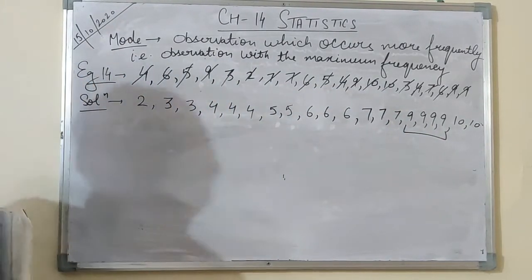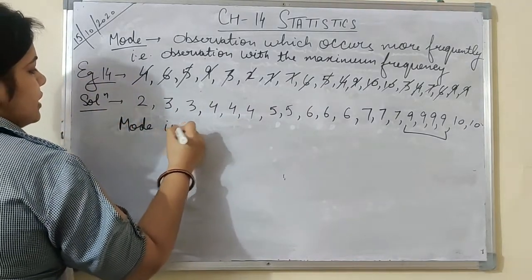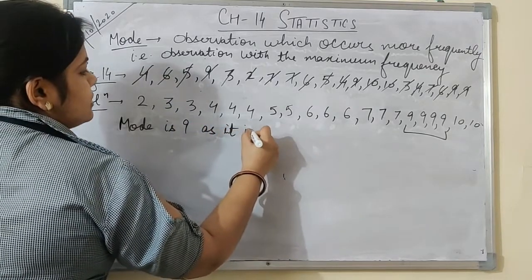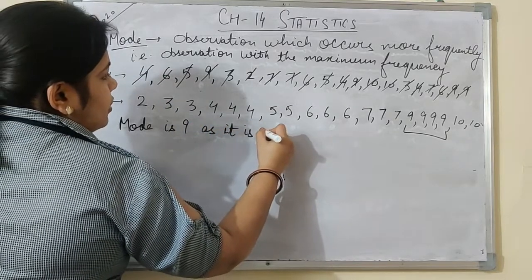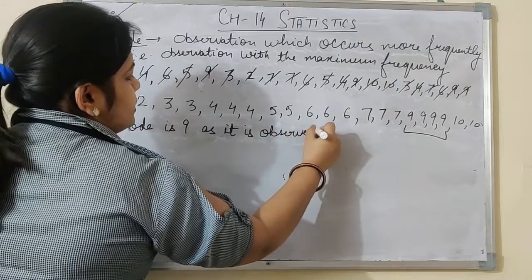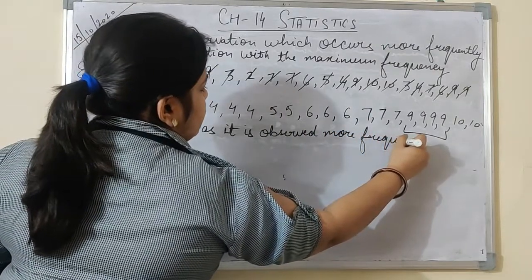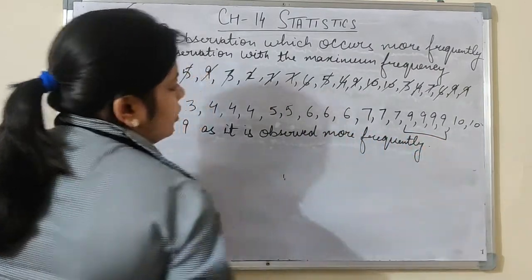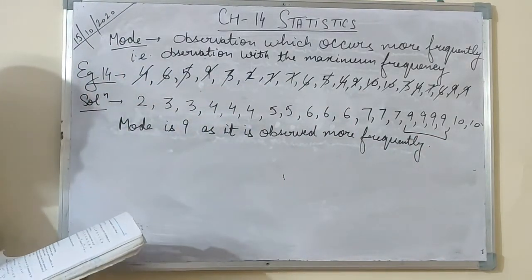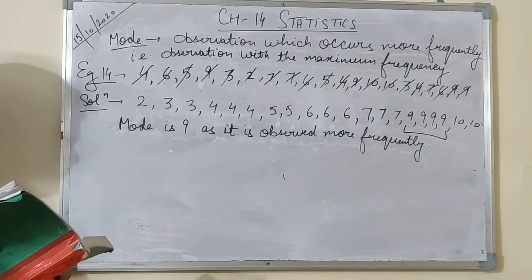So we will say that the mode of our given data is 9, as it is observed more frequently. Okay, I think till here there is no doubt. So this is the answer of example number 14.